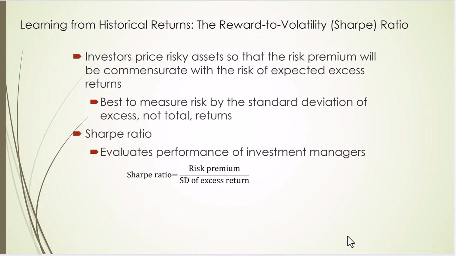So investors price assets so that their risk premium will be commensurate with the risk of expected excess returns, right? So we want to put a price tag on something so that we're going to get compensated with our expectations.